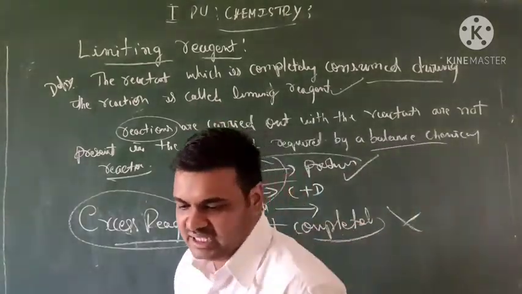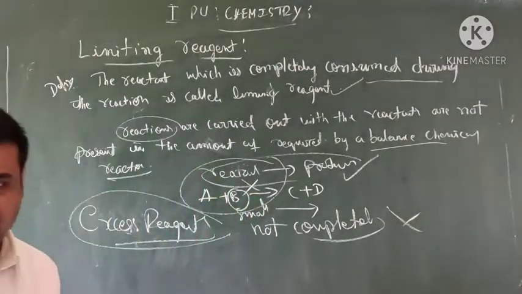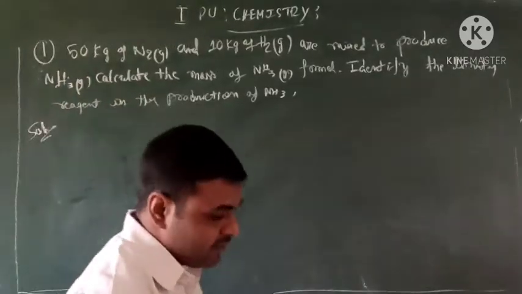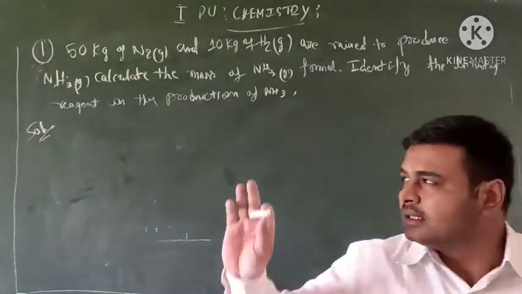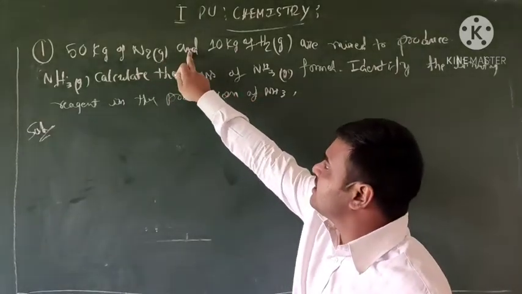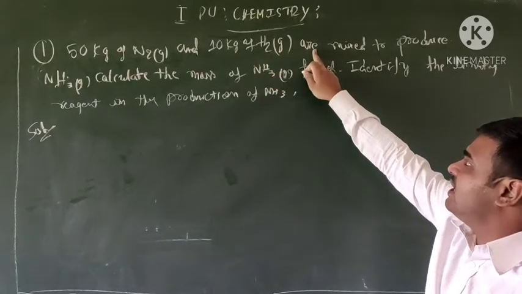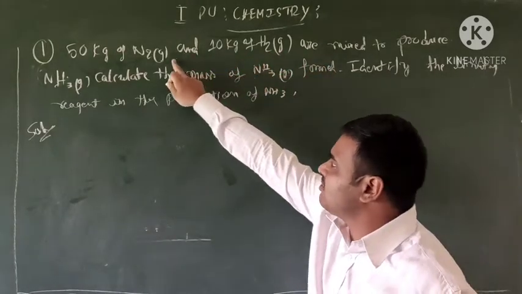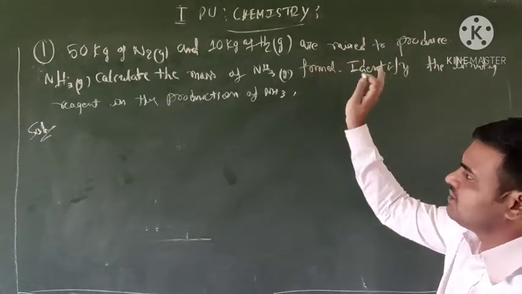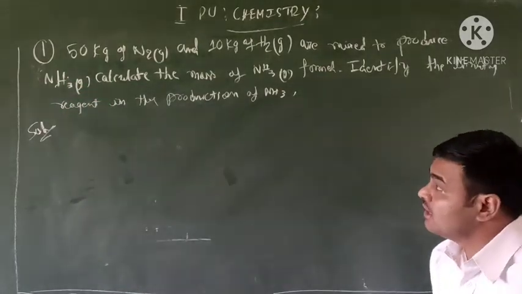Okay, students, let me see one more problem. We get an answer about the limiting reagent. 50 kg of nitrogen gas and 10 kg of hydrogen gas molecules are mixed to produce NH3 gas molecules.